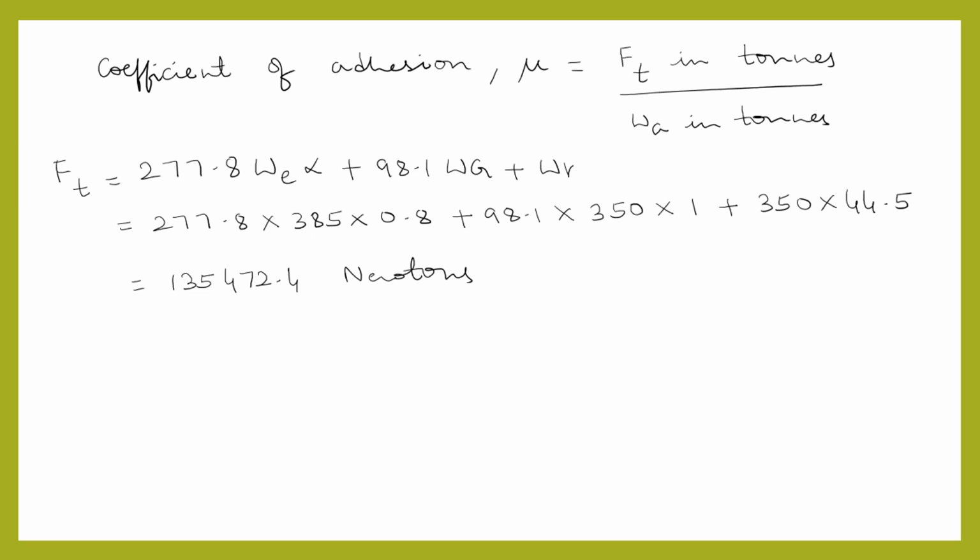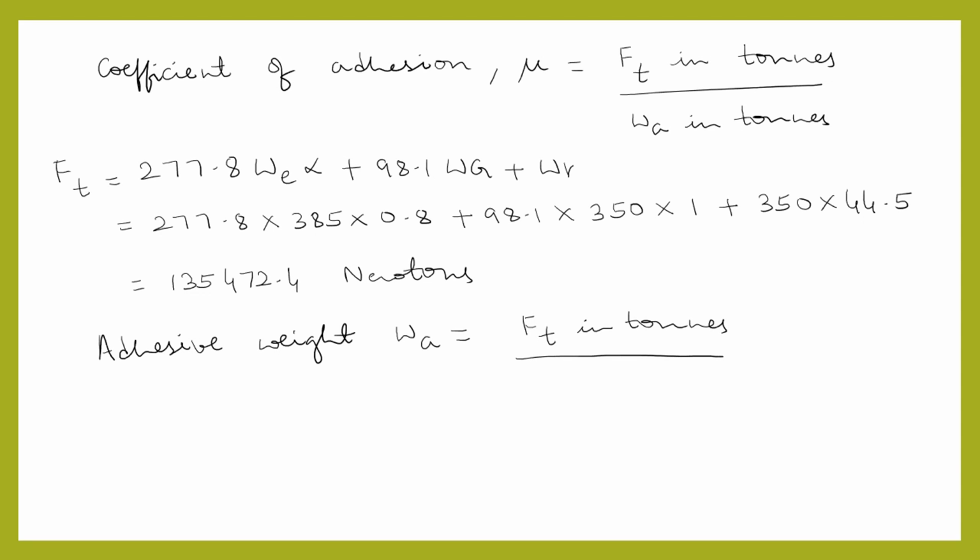So the adhesive weight Wa is Ft in tons by the coefficient of adhesion mu. So converting Ft in newtons to tons is by the term 9.81 into 1000.